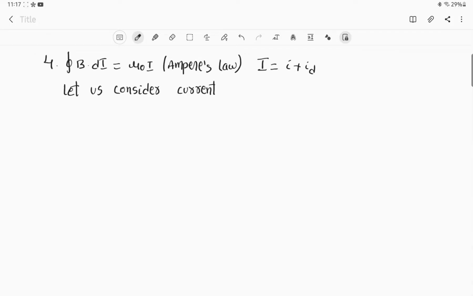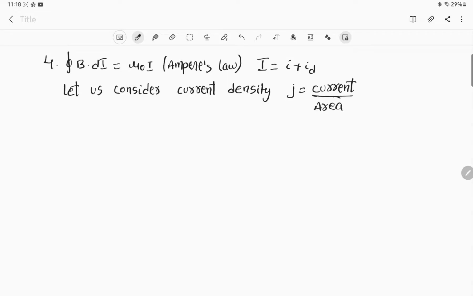You are aware that the current density is denoted by J, and this current density J is nothing but the current per unit area.